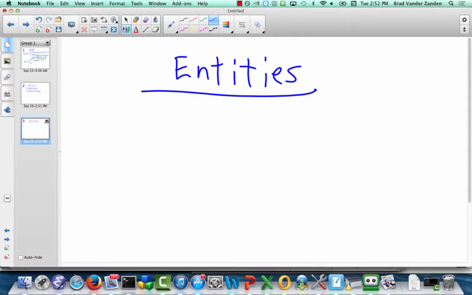Firm. So unfortunately, that is not one of them. This is good though, because this is a common mistake that I see in a lot of entity relationship diagrams. So firm is not an entity. It is the database that we're creating the information for.